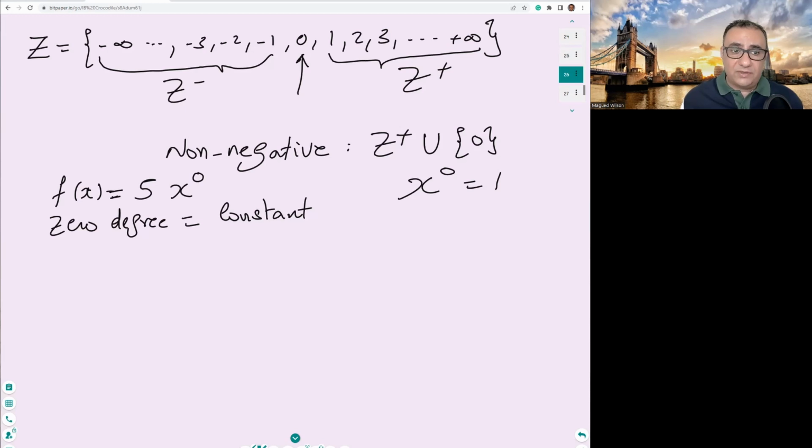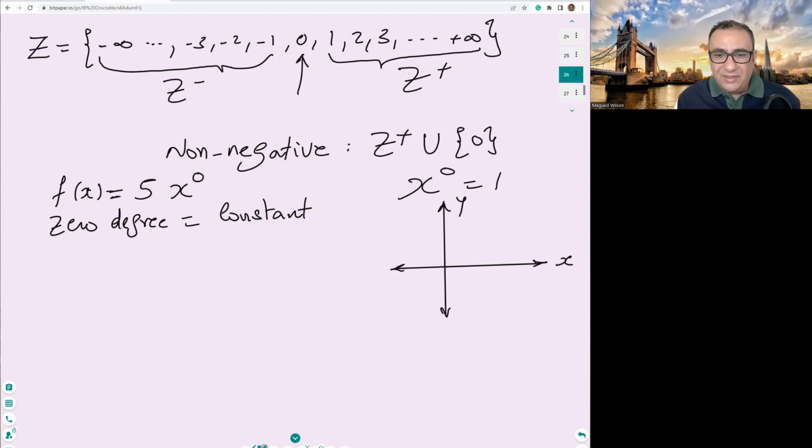Integer, non-negative integers. Right? Now, if you'd like to sketch this constant function, what do you expect, right? So this is the x axis, right? And this is the vertical axis, the y image, right? So if you plug in x at any value, you always get 5. You always get 5.